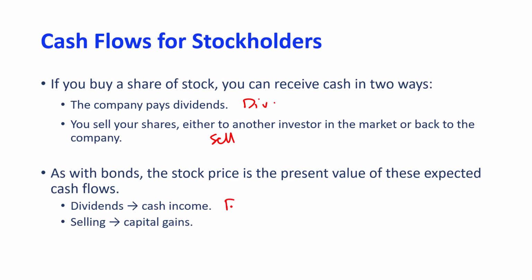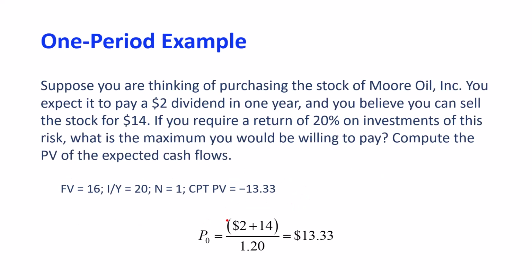We're going to talk about dividend yield in future videos. And then when you sell your share, you're going to realize capital gains or losses. So there's either an income component or a capital gain or loss component when it comes to cash flows that you may receive from a common stock.